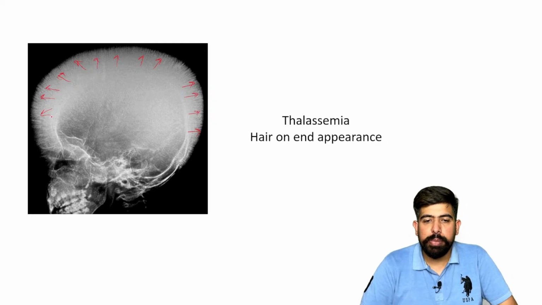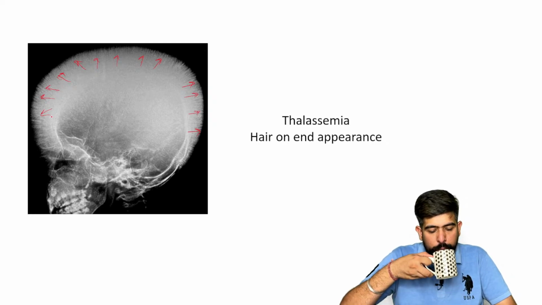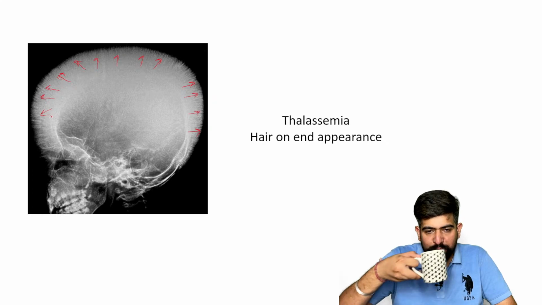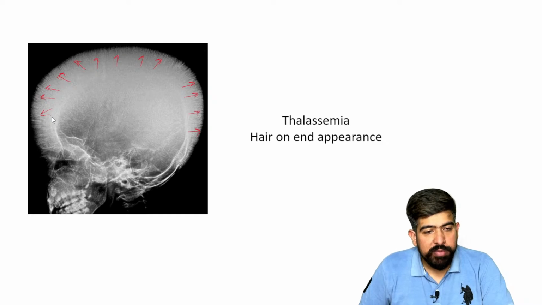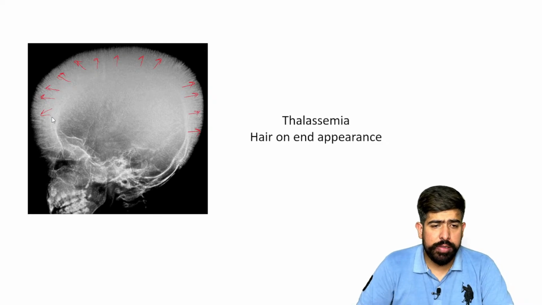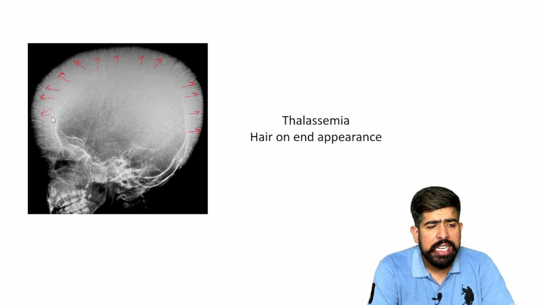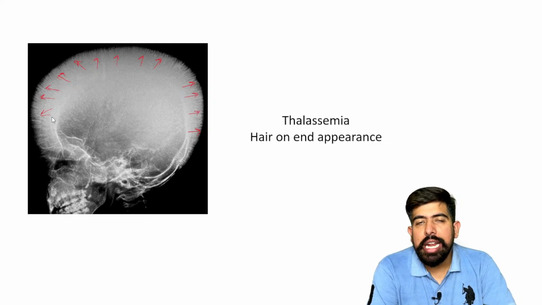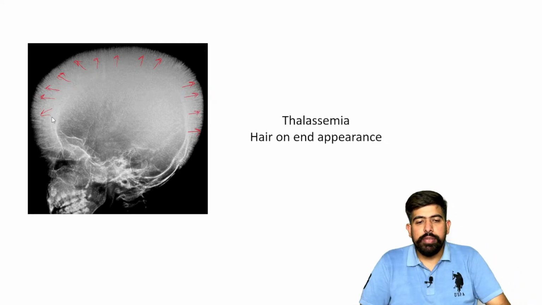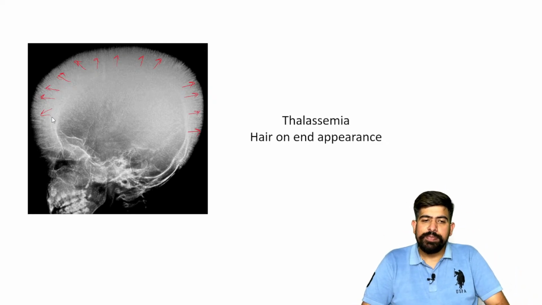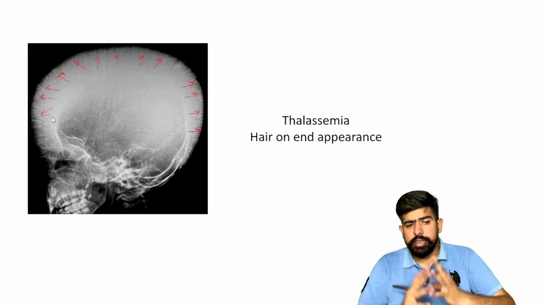And this particular sign is known as the hair on end appearance. Hair on end appearance. It means it seems the hairs are on the end of the skull.